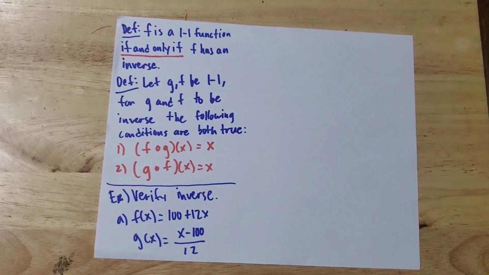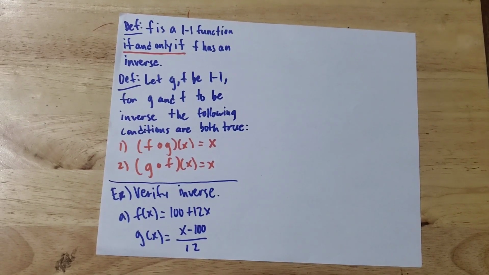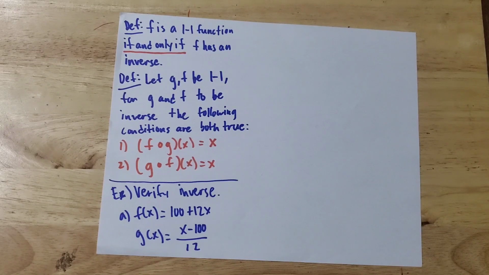The only ones that are not one-to-one functions are the horizontal lines. Even though a horizontal line, that's when y is equal to a constant, is a function, the horizontal line intersects it an infinite amount of times, meaning it cannot have an inverse.